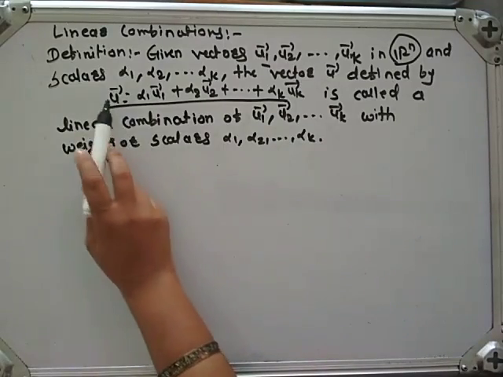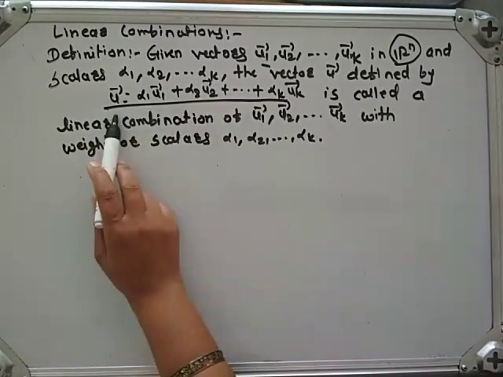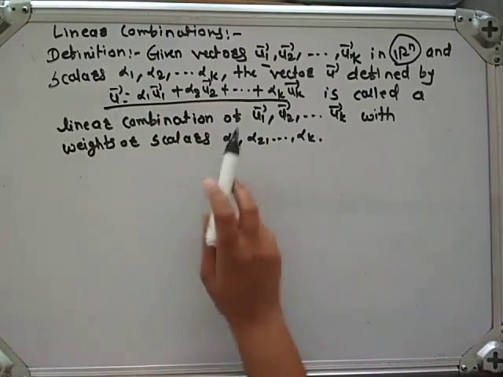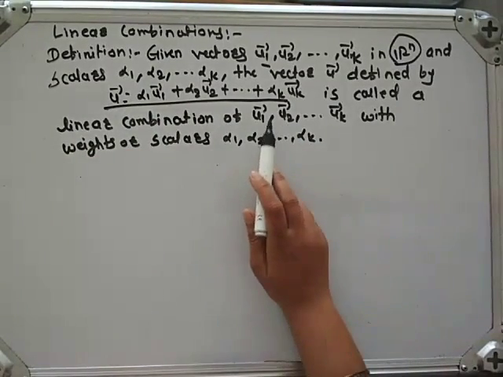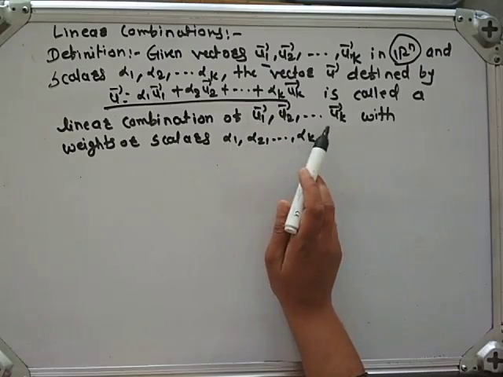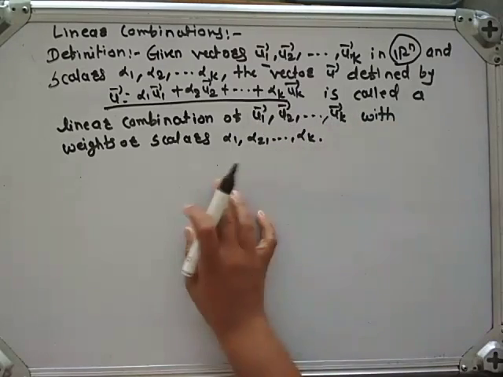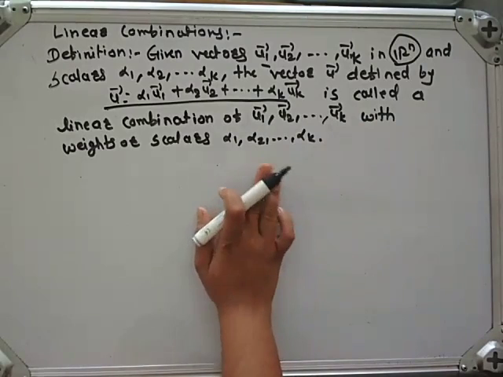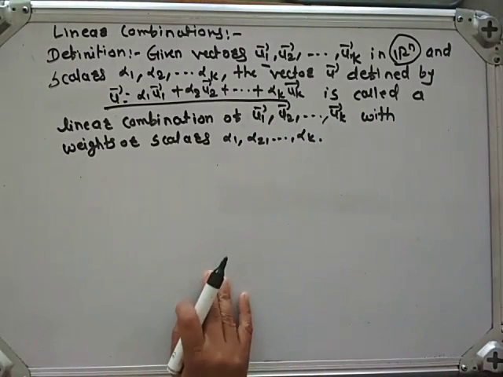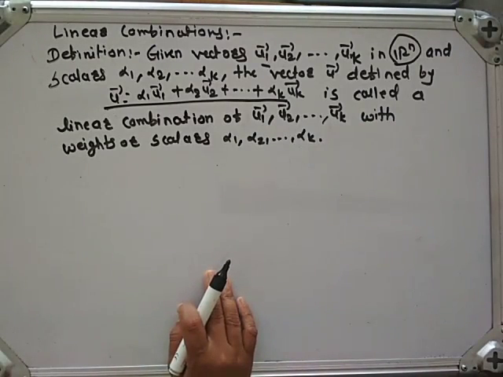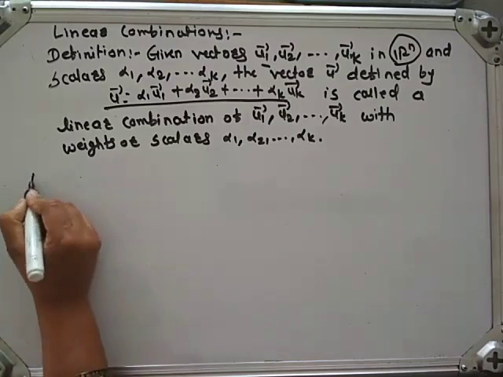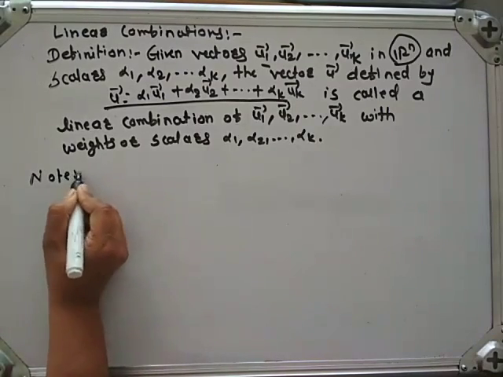Means when u bar is expressed in this form, then u bar is called a linear combination of u1 bar, u2 bar and so on up to uk bar with scalars alpha 1, alpha 2 and so on up to alpha k.